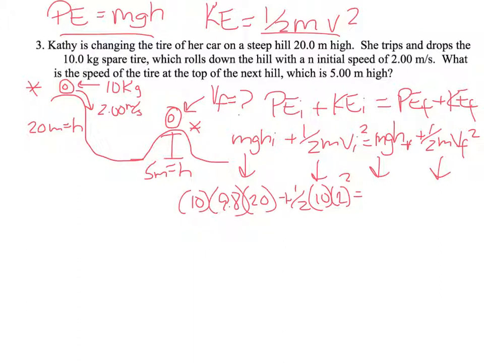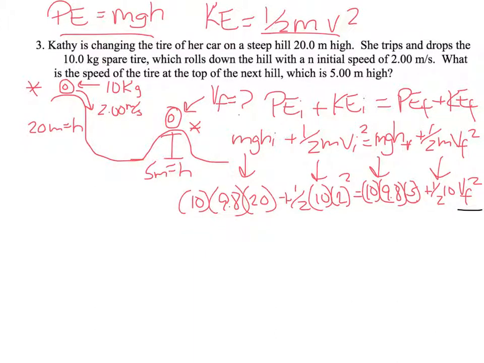We know that the final potential energy is still going to have the same mass and 9.8, and now the new height is 5, plus 1/2 the mass, which is 10, times the velocity final squared. We obviously don't know our final velocity, but we are going to solve for that.